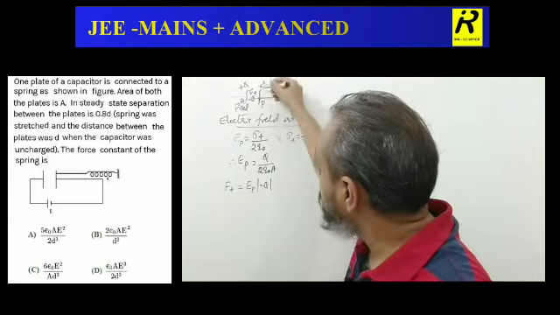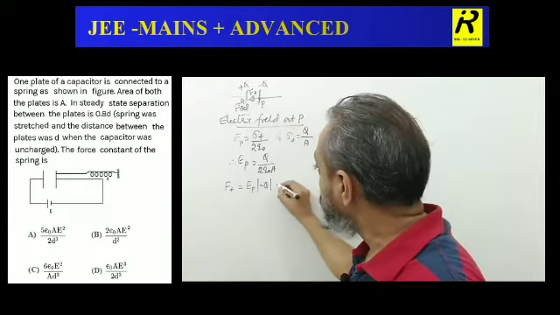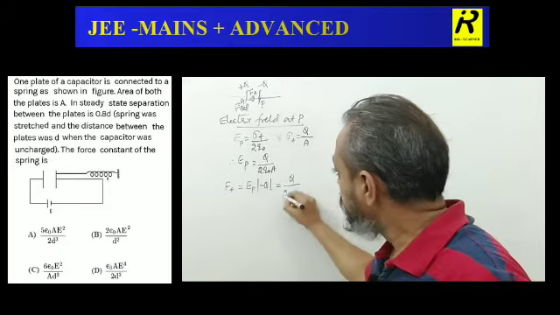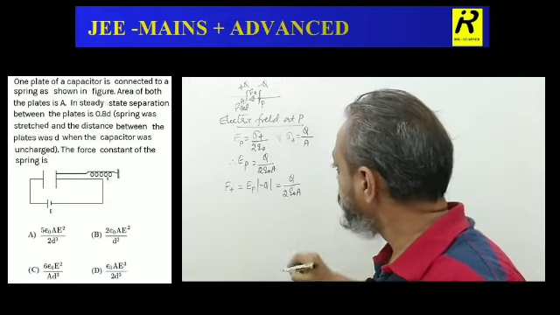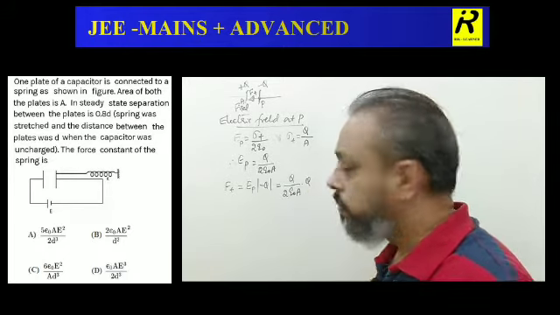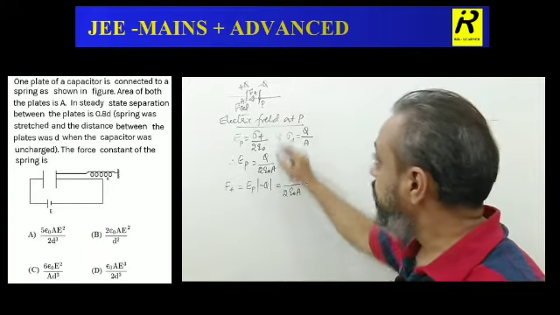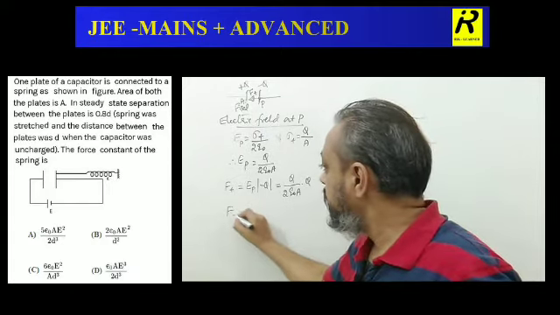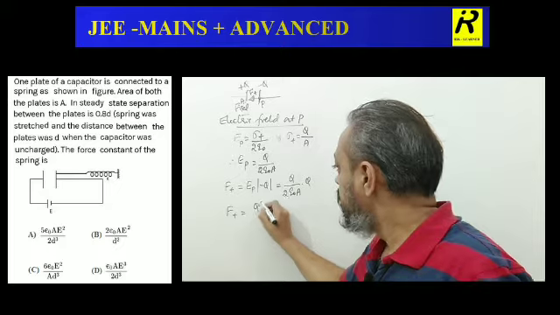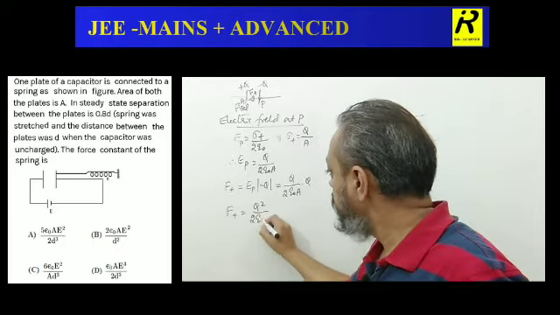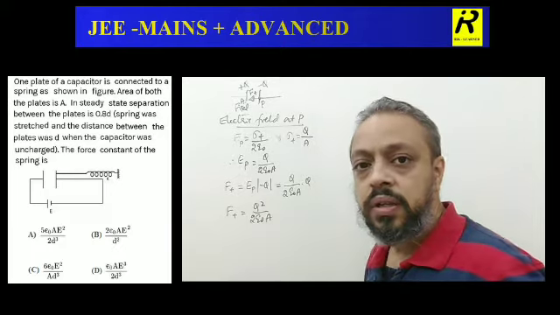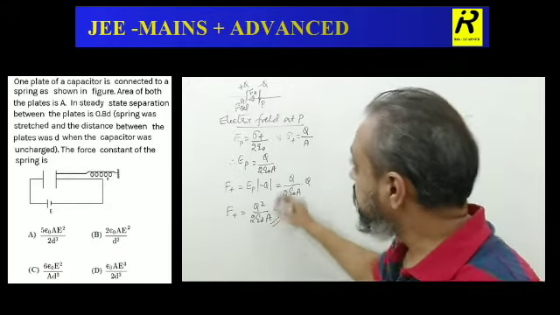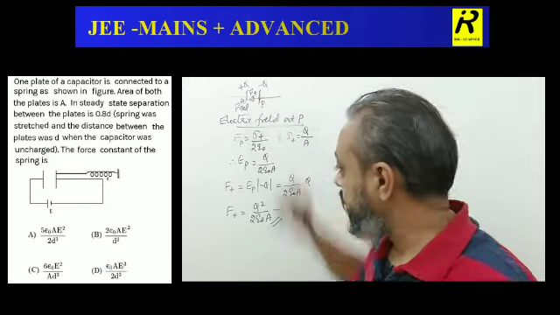So it is Q divided by 2 epsilon O into A, multiplied by Q. So F plus is equal to Q square divided by 2 epsilon O into A. I call this expression 1, the force between the two plates.